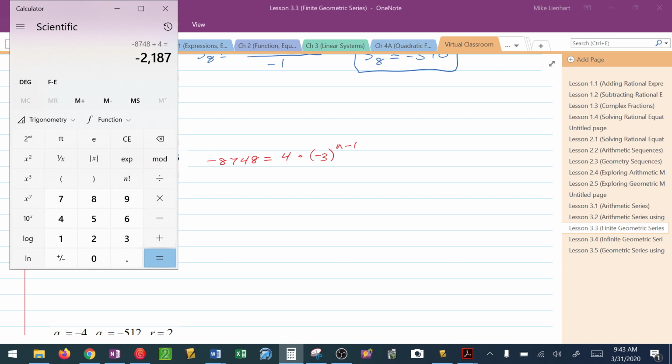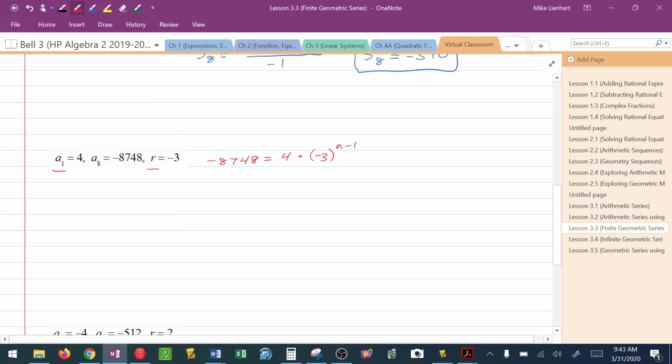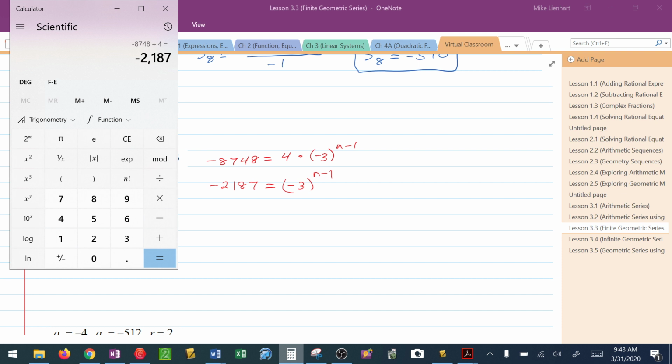Now, I believe that negative 2187, let me write that down, is going to be negative 3 to some power. So let's see. What if I take negative 3 and raise it to the 8th? Well, that didn't work. That's not negative 2187. How about if I take negative 3 and raise it to the 7th power?